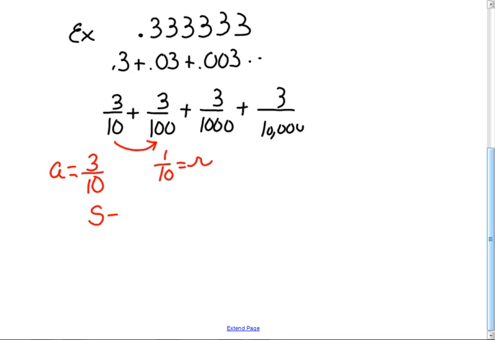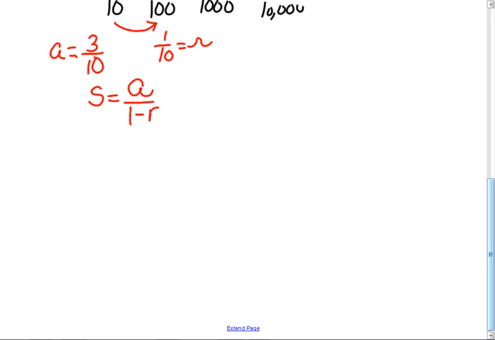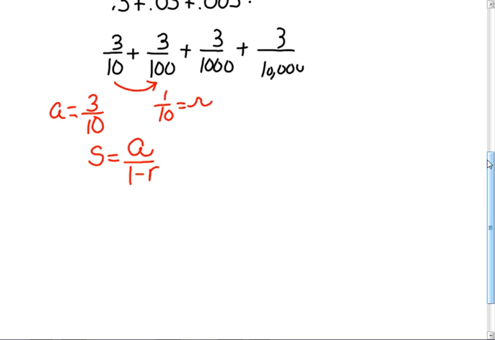So S is equal to A over 1 minus R. I hope it works. It has to work, doesn't it? That's what I like about math. It has to work. So it's A, which is 3/10, over 1 minus 1/10, which is 9/10.